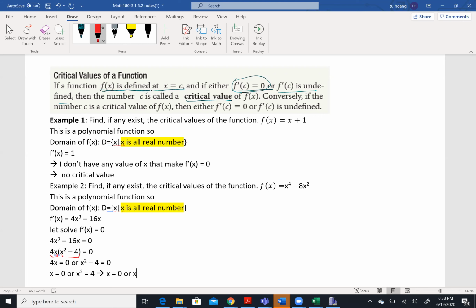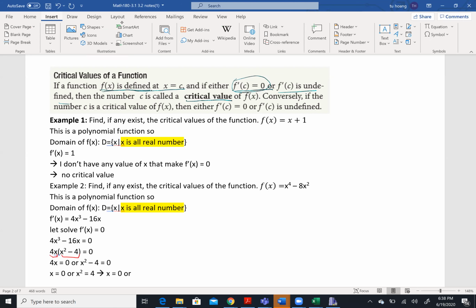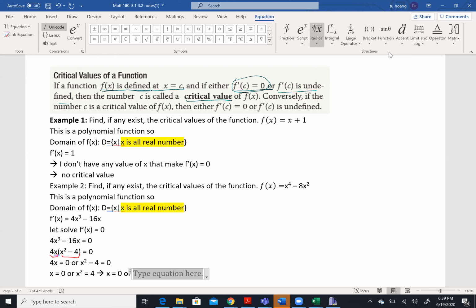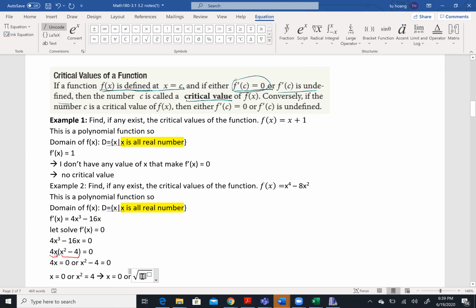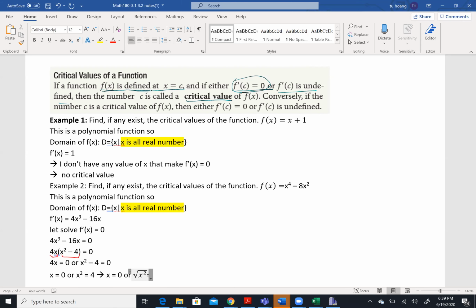Square root of both sides: x squared to 4, square root of 4.